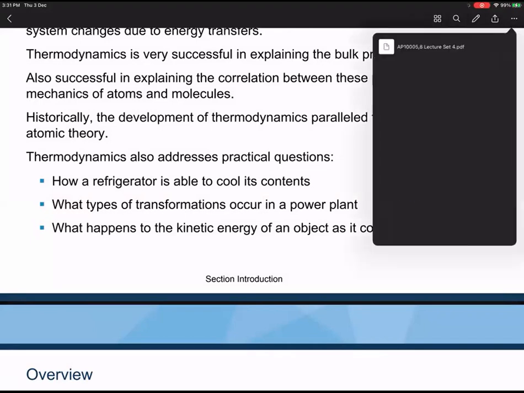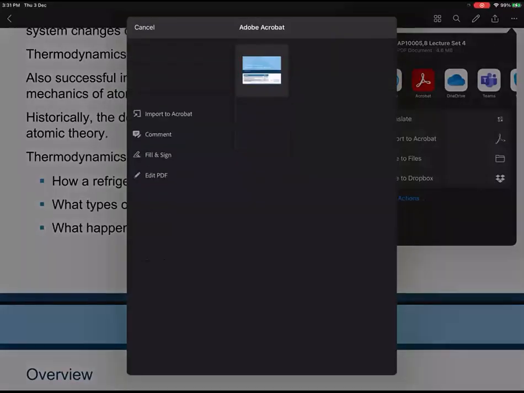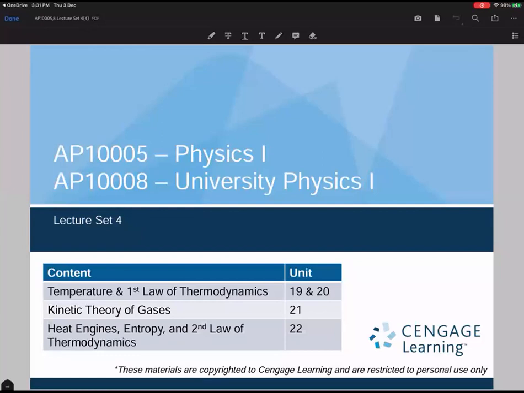So let me go back to the lecture slide. We have already gone through the first 3 chapters, which are related to some fundamentals of thermodynamics, the first law of thermodynamics, as well as the kinetic theory of gases.